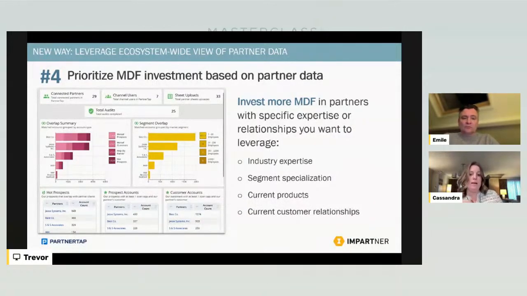So your company might have a strategy to go after specific industries or expand faster in certain regions. With detailed partner data, you could prioritize that in MDF investment based on the partners that can best help accelerate these strategies.